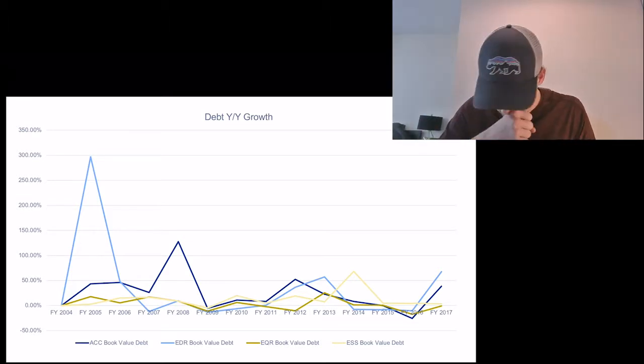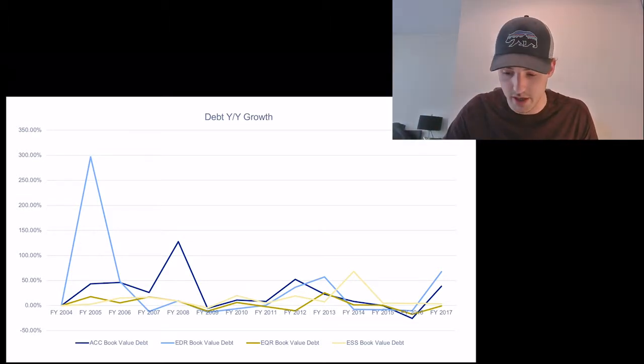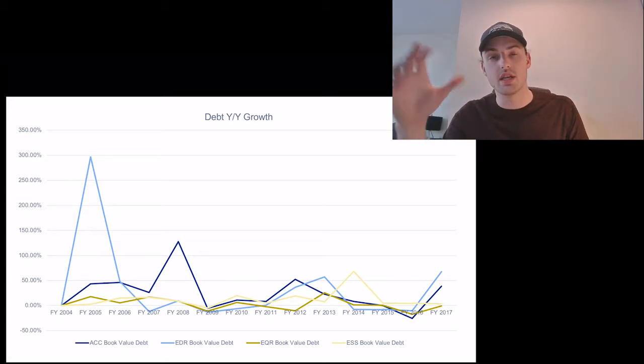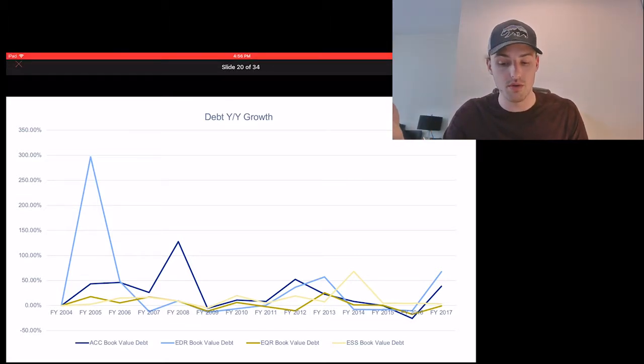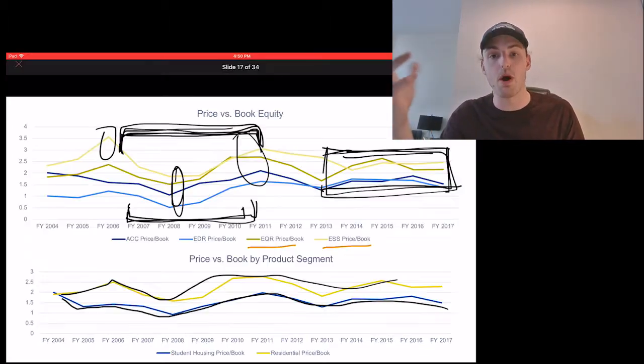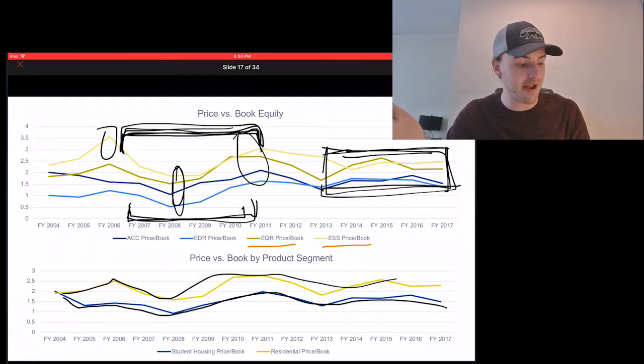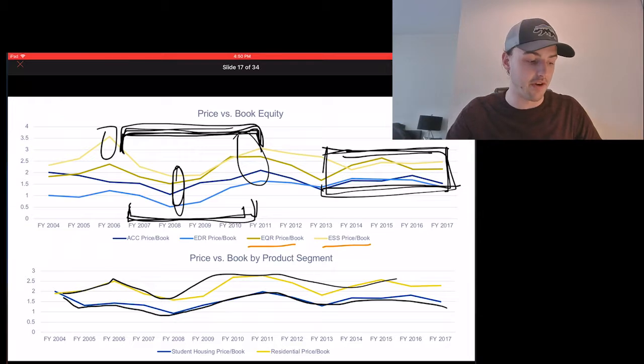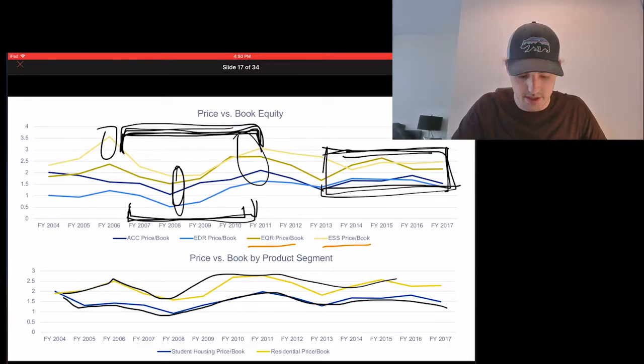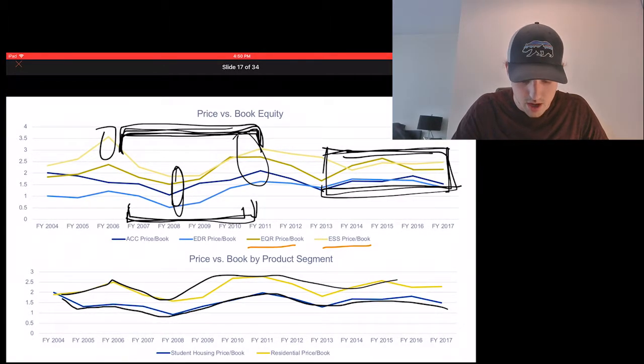But the interesting thing here is that, based on those hypotheses that I just made about the financing freeze, you can see the effects of this occurring during the recession. So through the middle of 2008, ACC, which is depicted here in dark blue, the recession started about here.